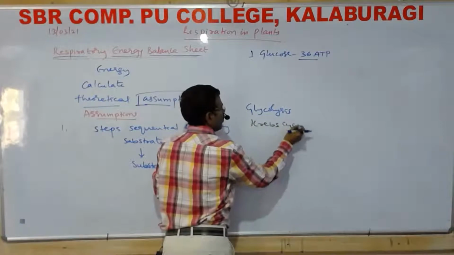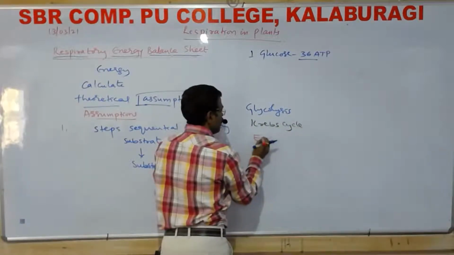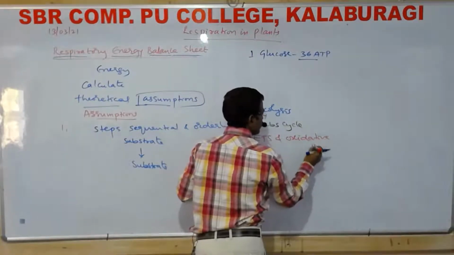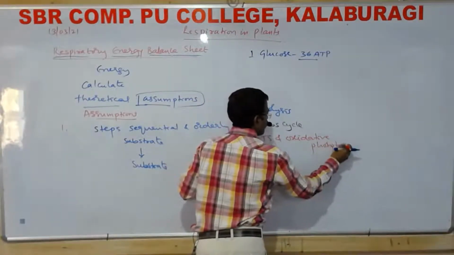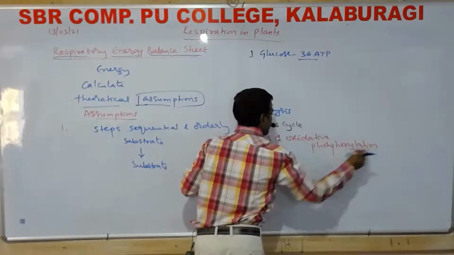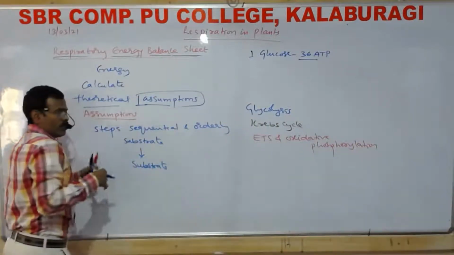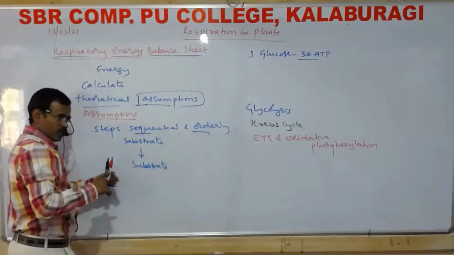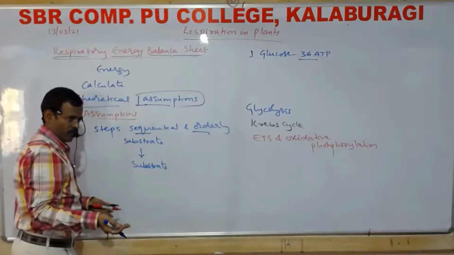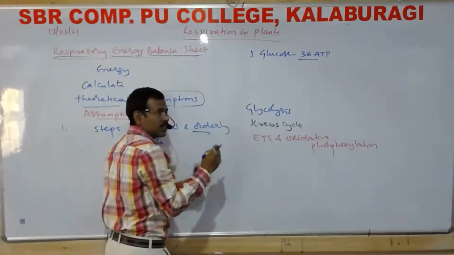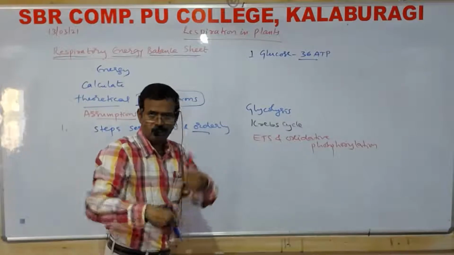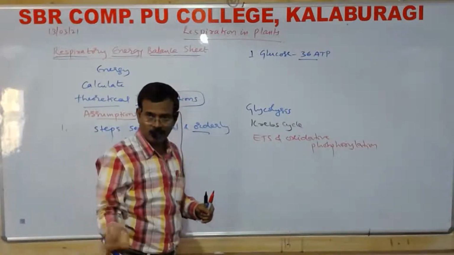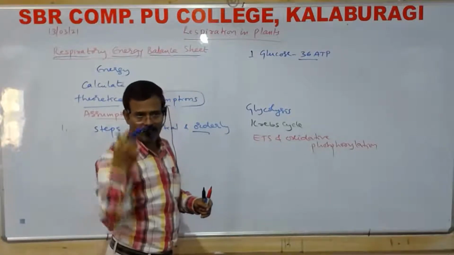The third one is ETS and oxidative phosphorylation. These are the steps. So in respiration, the steps are sequential and orderly. Here, one substrate is converted into another substrate. These steps occur one after the other in sequential, orderly manner.